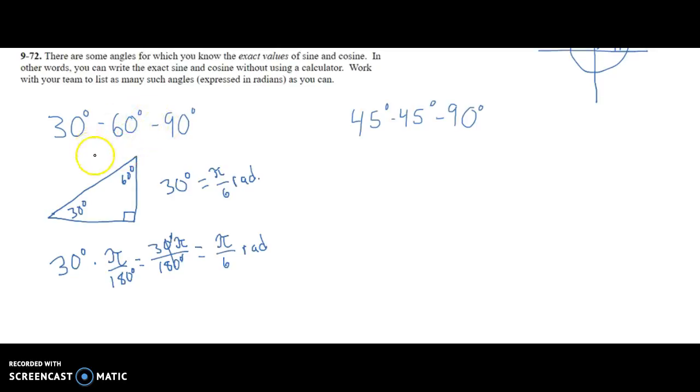Now in this 30, 60, 90 triangle, we know our hypotenuse is 1. If we remember some special properties from a 30, 60, 90 triangle, if the short side is x, the hypotenuse is 2x, and this other side is the square root of 3 times x.